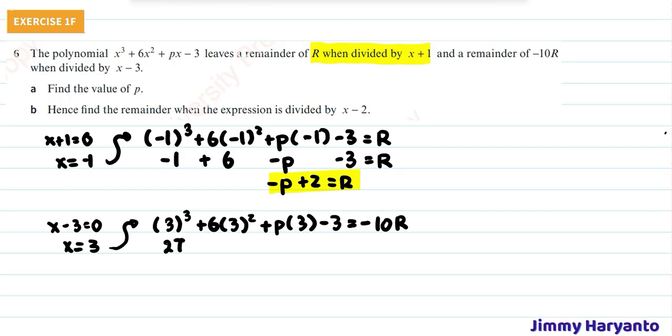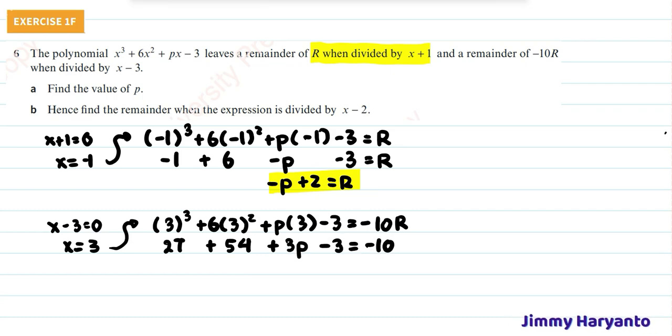So this one is 27, this one is 54, and this one is 3p, and then minus 3 equals negative 10 times the r, because we already have the r from the previous answer.